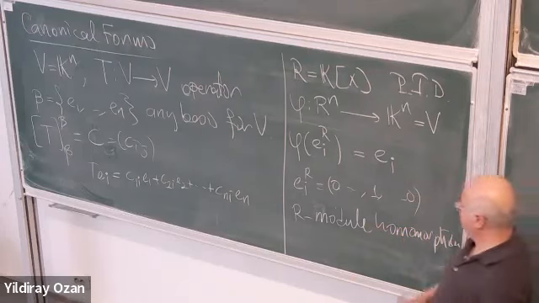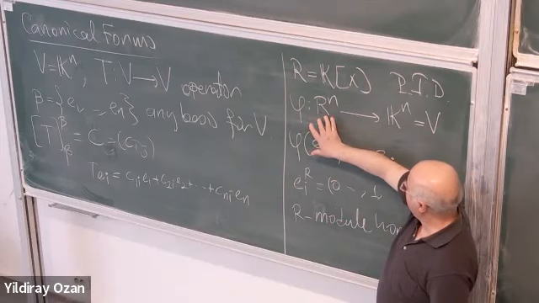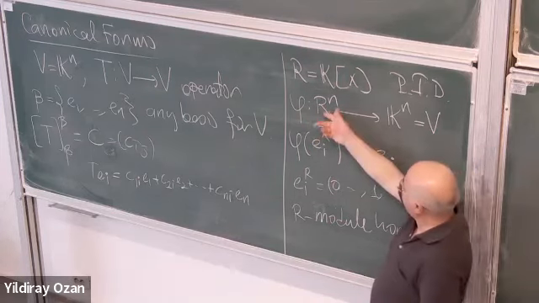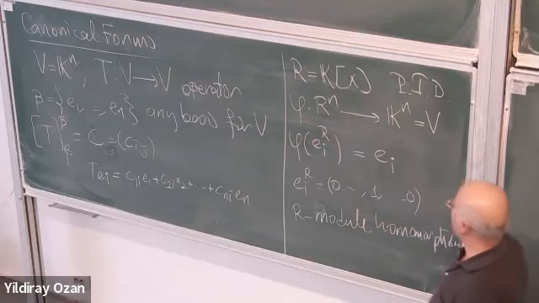Of course, it is clear how I multiply the elements of this module by the elements of R. This is already R, so you just multiply using polynomial multiplication.